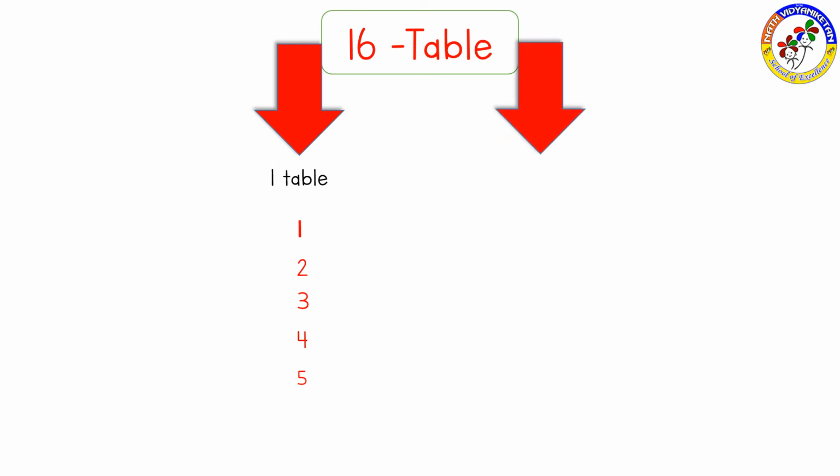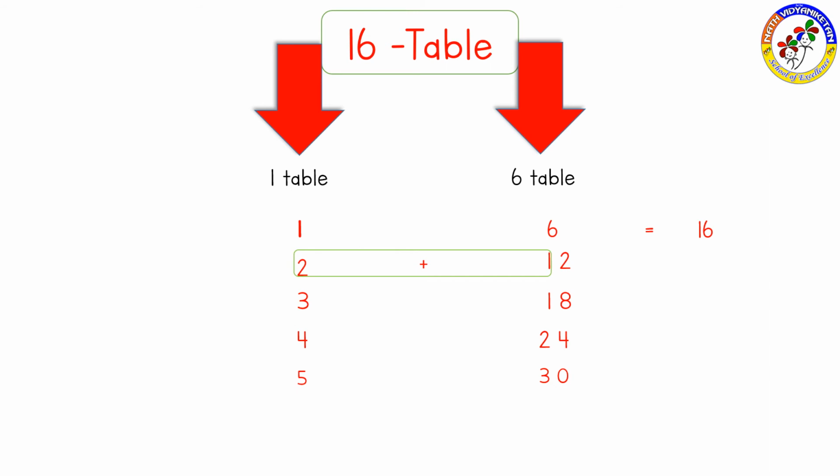Now right side 6 is there, so write 6 table. 6 1s are 6, 6 2s are 12, 6 3s are 18, 6 4s are 24, 6 5s are 30. So let us compare this. 1 6 is 16. Now let us use the trick here.